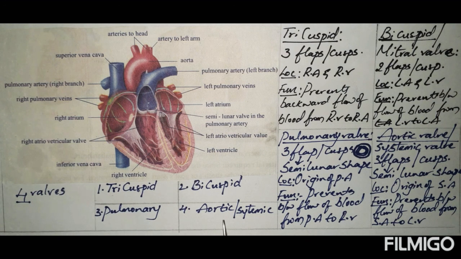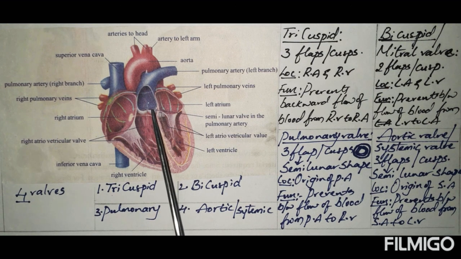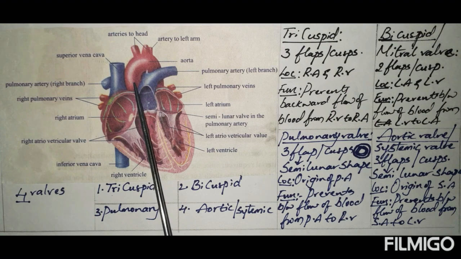Pulmonary valve and systemic valve are located at the origin of pulmonary artery and the systemic artery. As these 2 valves are located in the arteries, they are known as arterial valves. I repeat it, arterial valves, as they are located in the pulmonary artery and systemic artery.